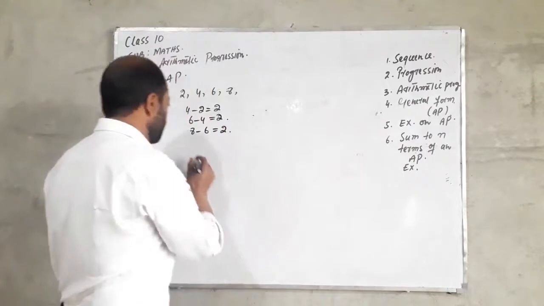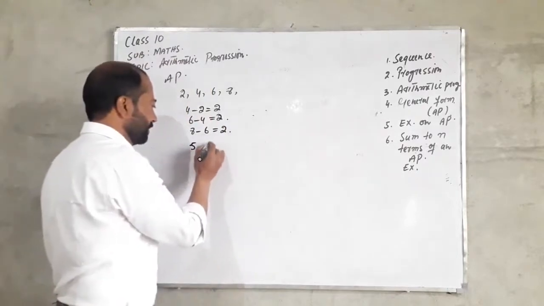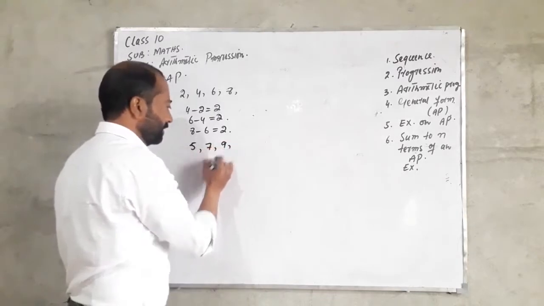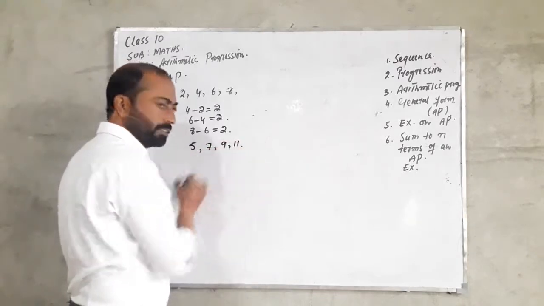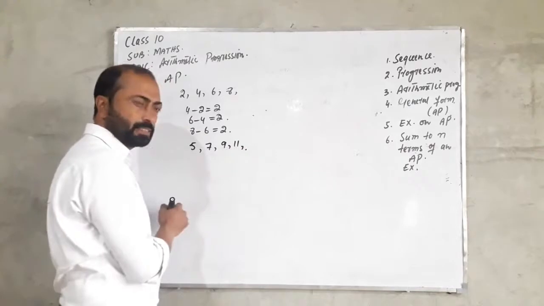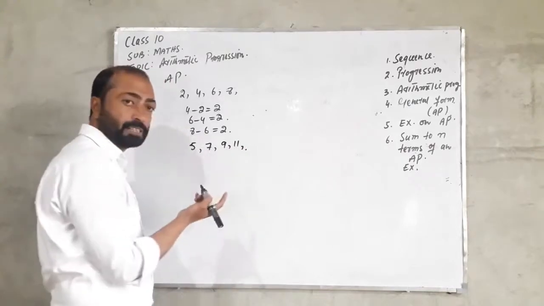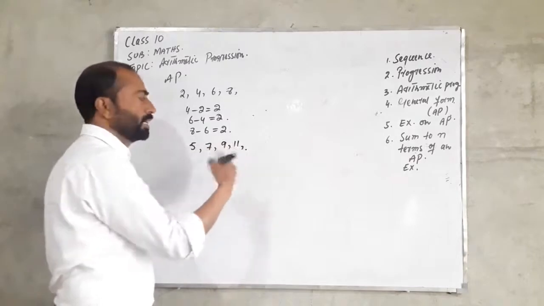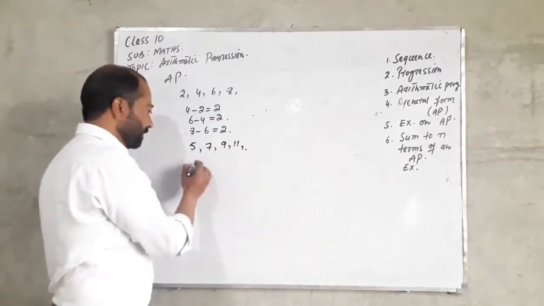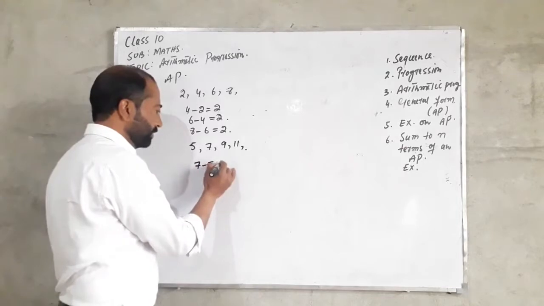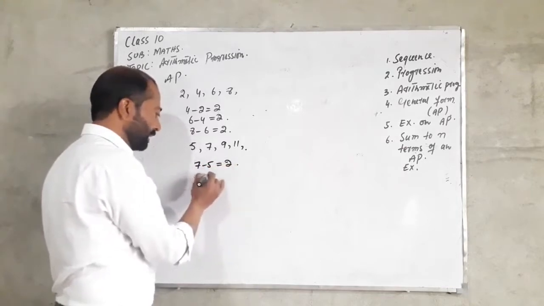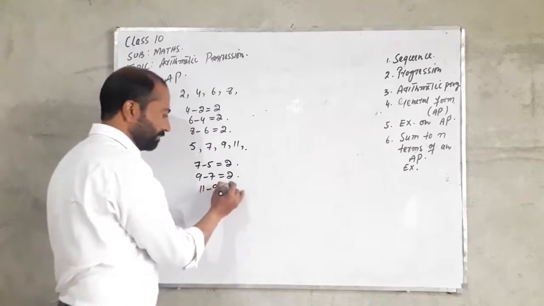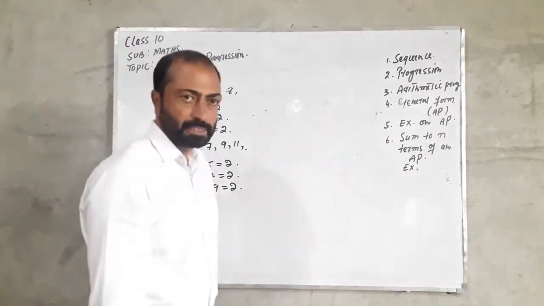Similarly, another one, 5, 7, 9, 11. Again a sequence, because it is easy for us to get the next term of the sequence. Adding 2 to each term, you are getting the following term. Look here, 7 minus 5 is equal to 2. 9 minus 7 equals 2, 11 minus 9 equals 2, so a sequence.